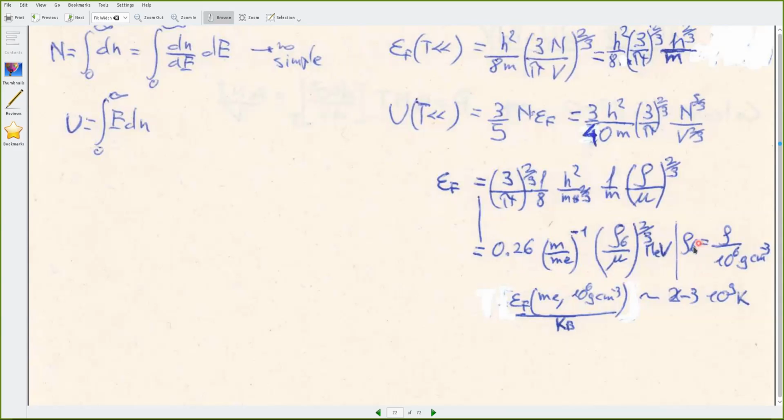Here the density is in units of 1 million grams per cubic centimeter. This is in mega electron volts. It is not small, considering that an electron has a rest mass of half a mega electron volt.